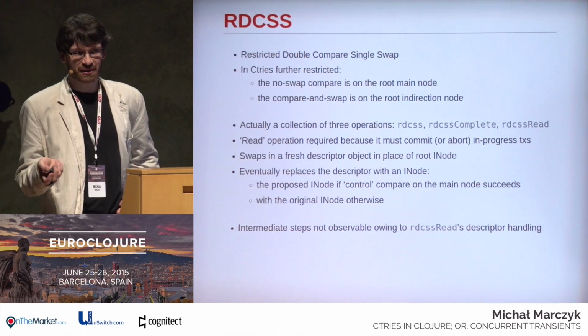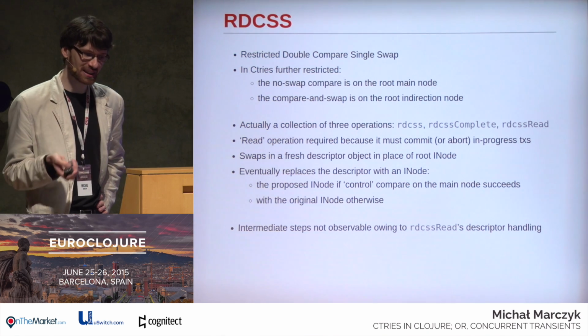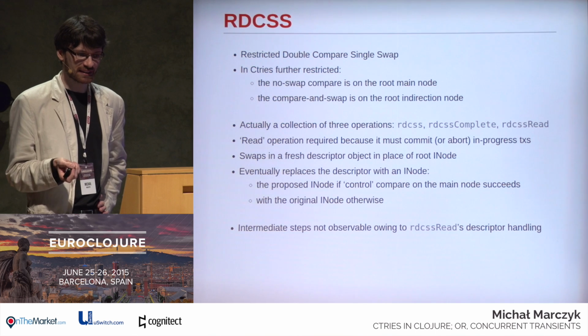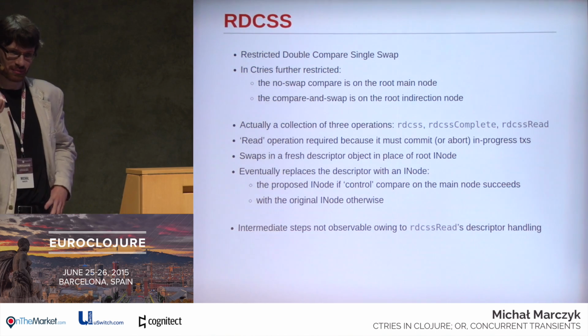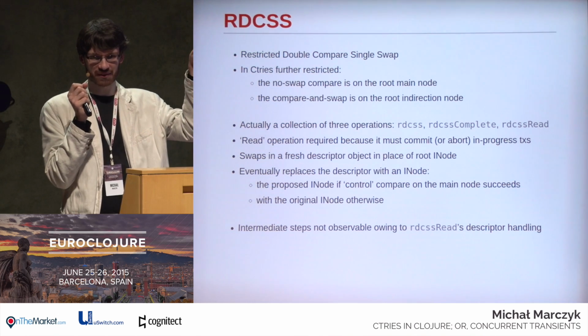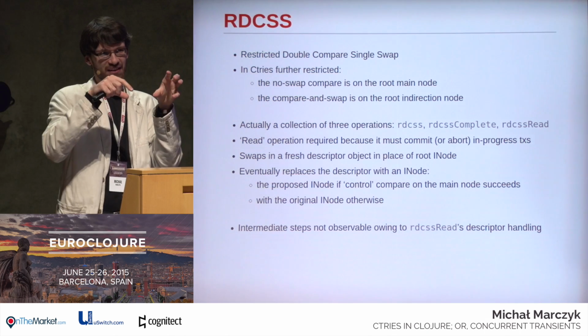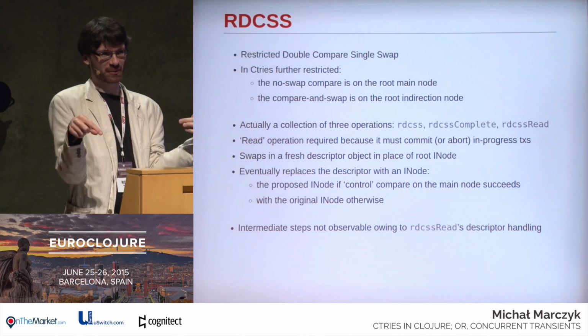In Ctries, this requirement is very simple to satisfy. Indeed, it's possible to restrict the operation a little even further, because what we need for taking snapshots is the ability to take the root indirection node and replace it with a new one pointing to the same main node. Right?